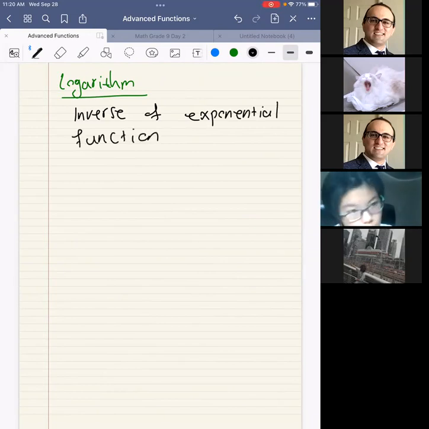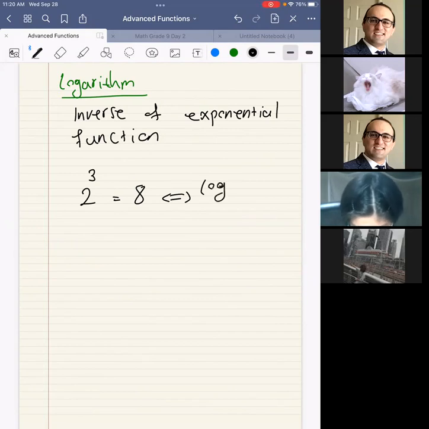Let's talk about exponential with base 2. We have to be careful about the base and keep track of it. So when I say 2 to the power 3, or 2 cubed, is 8, that's equivalent to saying that the logarithm of 8 with the base 2 is 3.